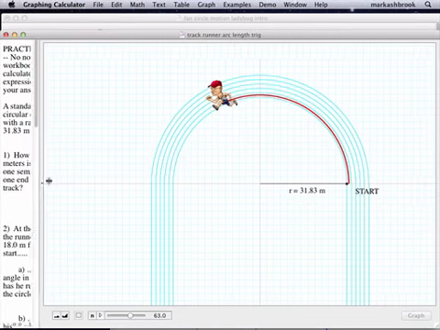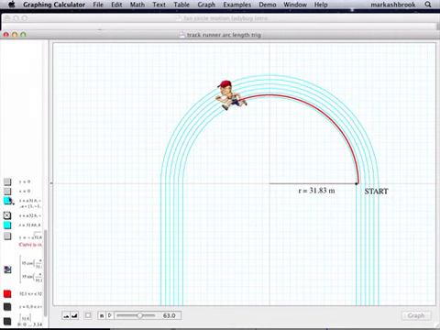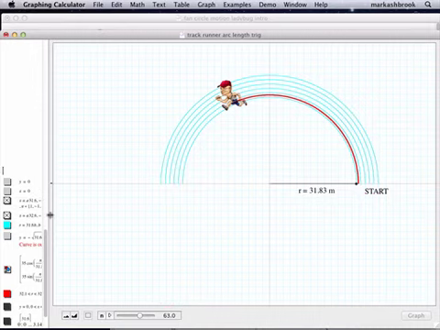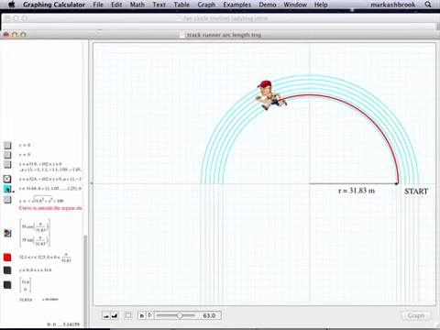I've got to be able to see the track here. Does that show up? The track? You've got to be able to see the track. Oh, barely.